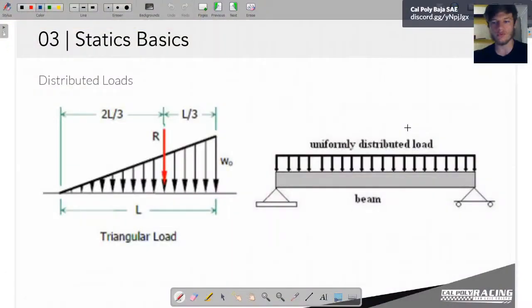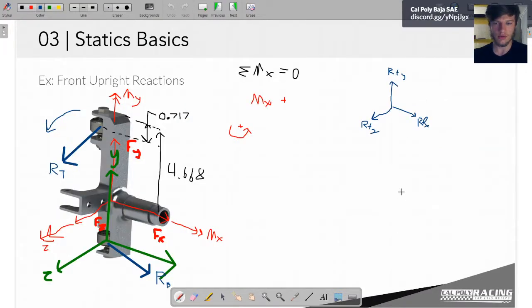So, go back. There we go. That's drawing right. Okay. So this force, this RTX, we don't have to worry about causing a moment. The other two, however, can.